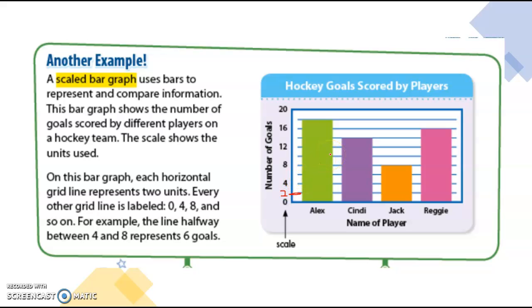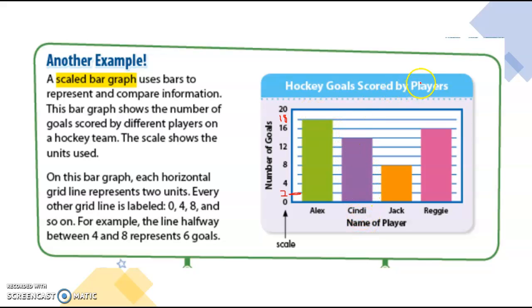So coming over to this green bar to figure out how many goals Alex scored, I know there's not a number attached, but I know that we're counting by 4s, and this is between 16 and 20. Between 16 and 20 is 18. So when you're looking at a bar graph, you really have to be thinking, what are we counting by? Sometimes you might have to figure out what comes between two numbers that are represented.